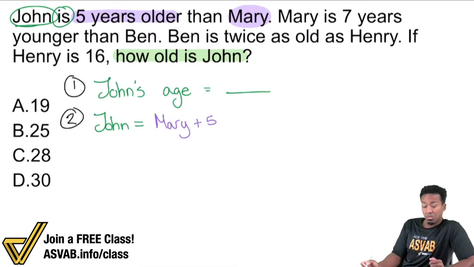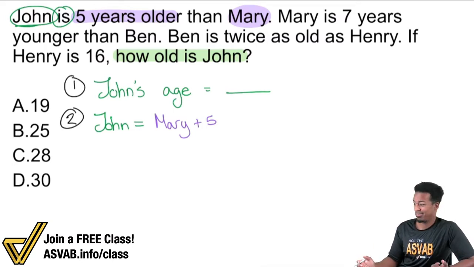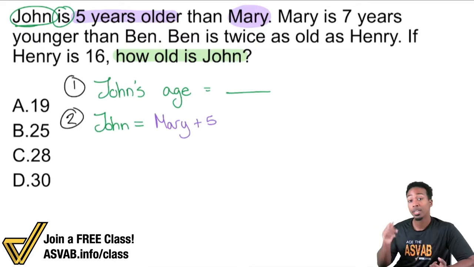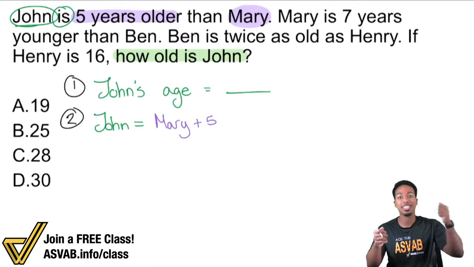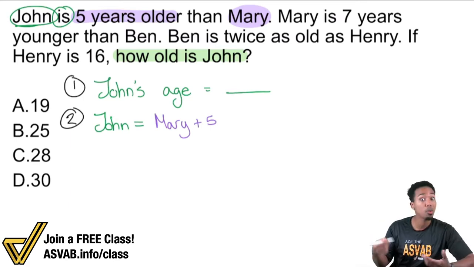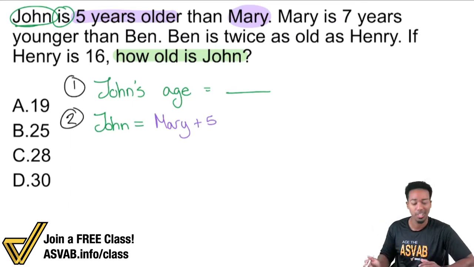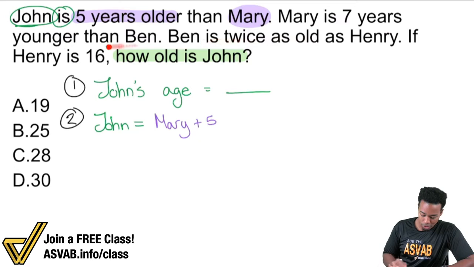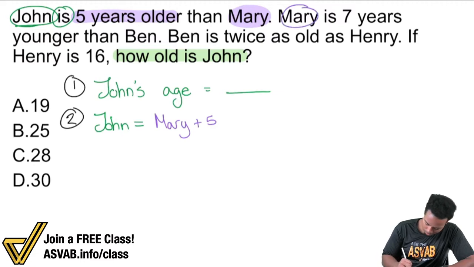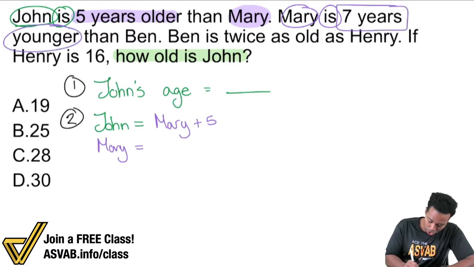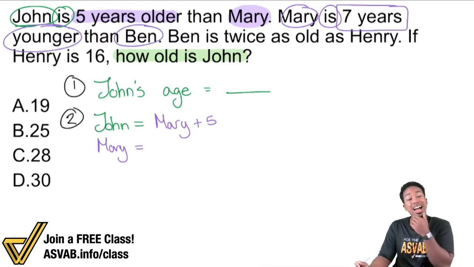Now, John is connected to Mary. But do I know Mary's age? No, I've got to keep going and get more information, because if I can get Mary, then I can use that to get John. So what information do we know about Mary? This is kind of like a little scavenger hunt. Mary is 7 years younger than Ben. So Mary equals 7 years younger than Ben.